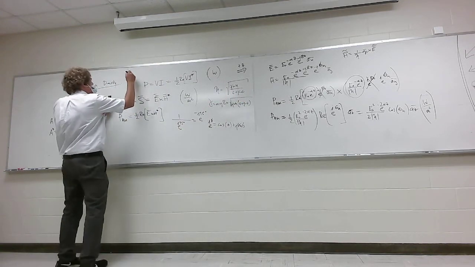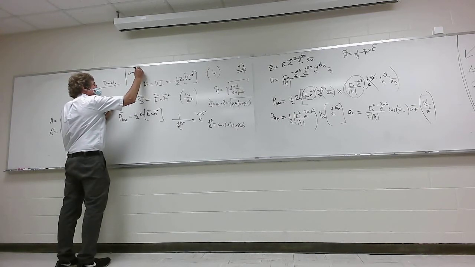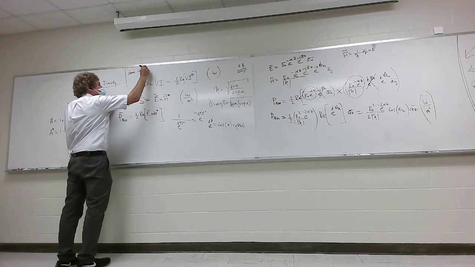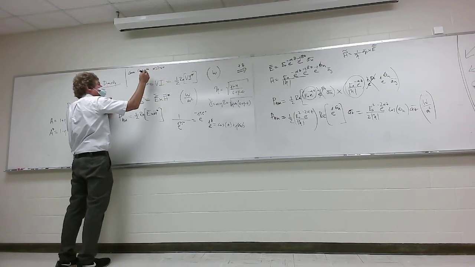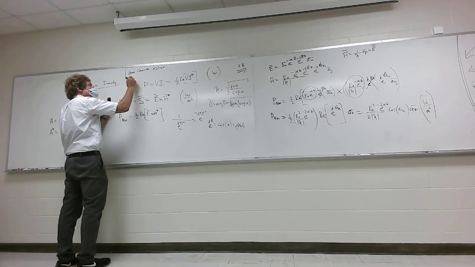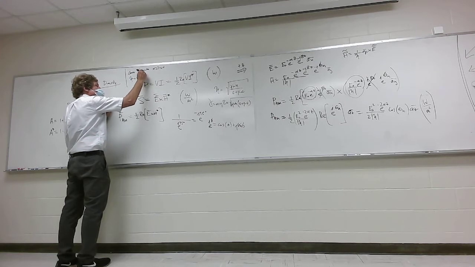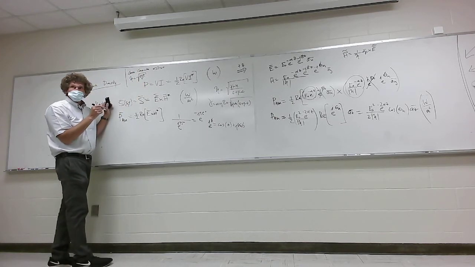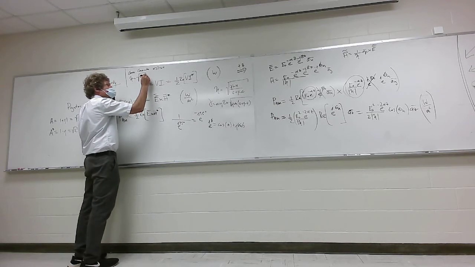If you're in a good conductor, I'll make a little sidebar. Where sigma is much greater than omega epsilon, then you know eta is equal to the square root of j omega mu over sigma. Do y'all agree with that? All right, well, the square root of j is really what?